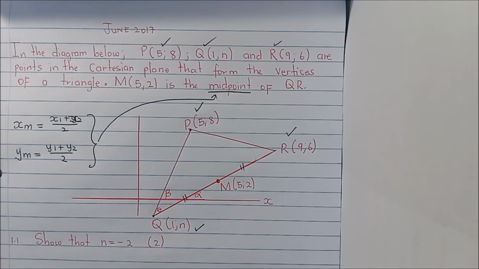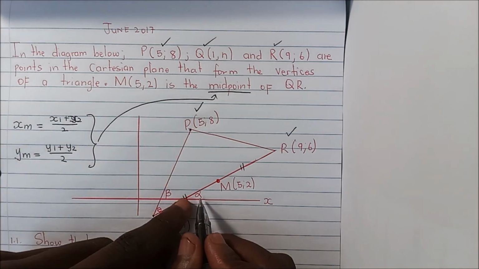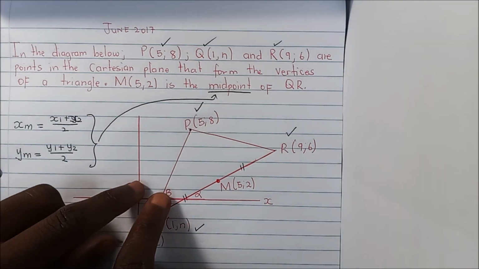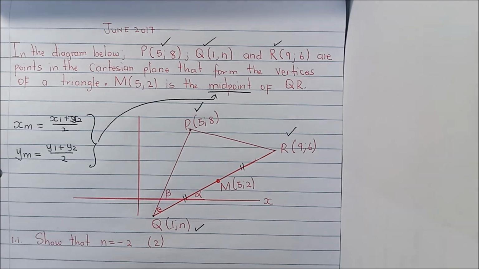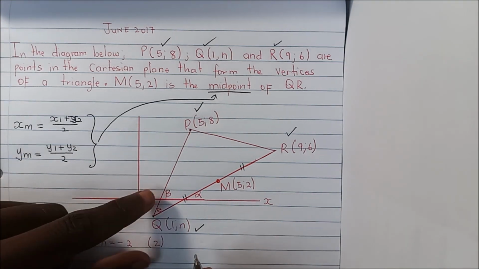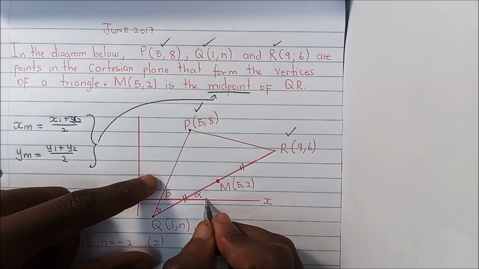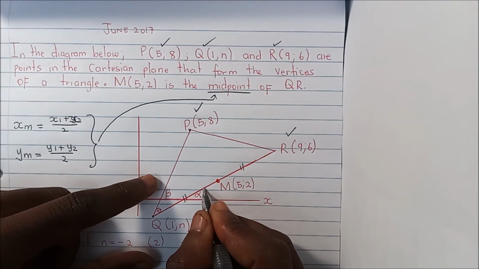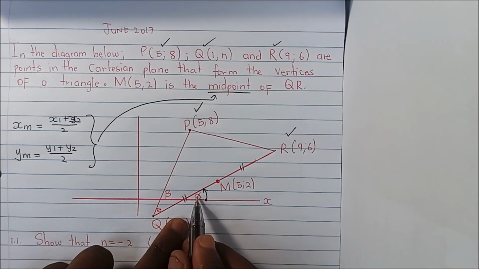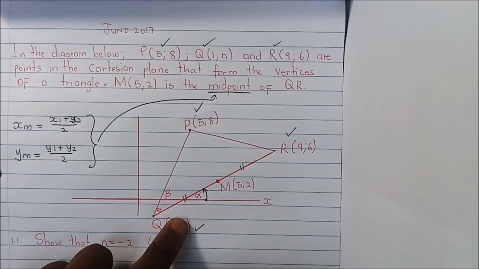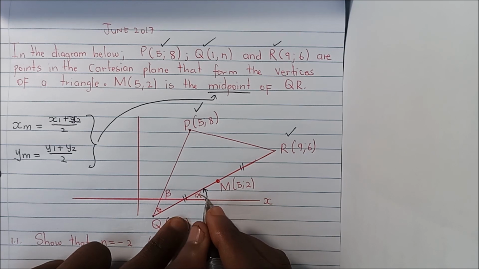What we need to emphasize is: is alpha the angle of inclination, is beta the angle of inclination, and is theta the angle of inclination. Remember, we said an angle of inclination is measured from the x-axis, which is here, to a line. So alpha is an angle of inclination.